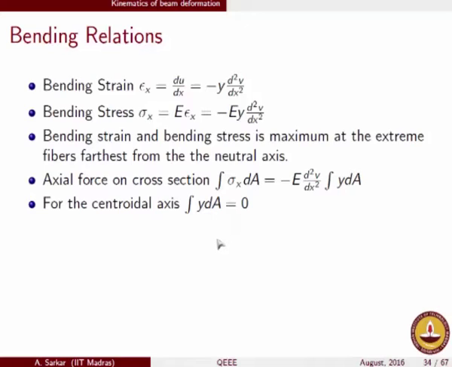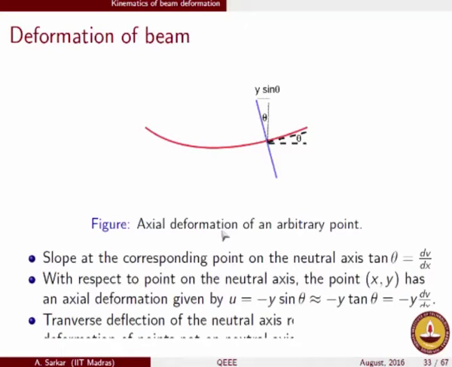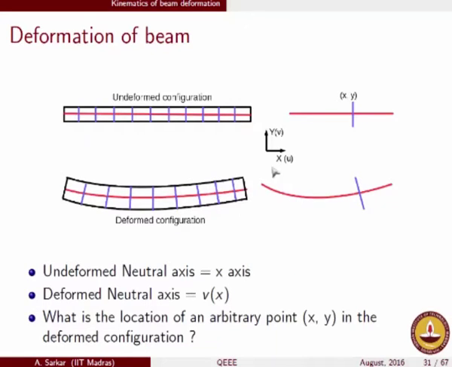If you remember your engineering mechanics, the centroidal axis will have this property that integral y dA will be 0. So our choice of x axis therefore was such that integral y dA was 0.